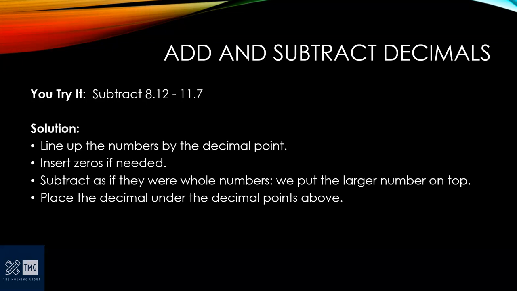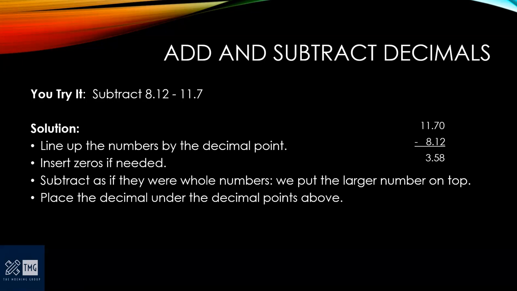So we're going to put the larger number, 11.7, on the top, line up your decimal points, and subtract. So if I have 11.70 minus 8.12, I get 3.57. That's the difference between 11.7 and 8.12.